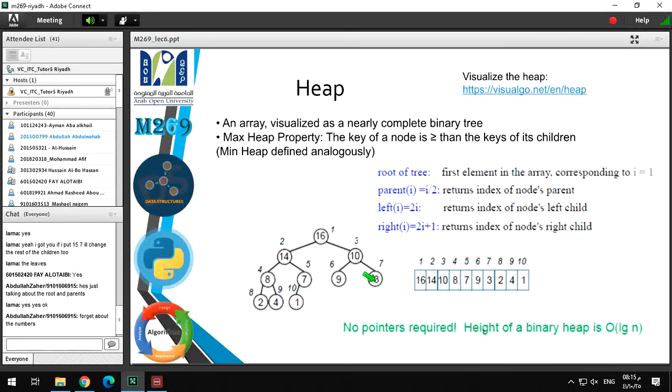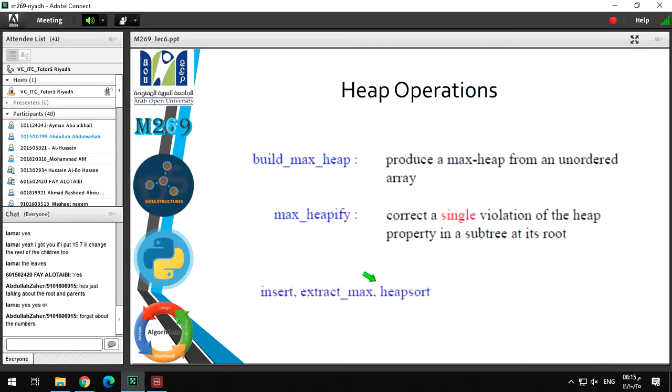But to fix this issue, we have something that we need to do, which is called max-heapify. This one is very important because it corrects a single violation of the heap property. So if there is a violation in one of the nodes, the function max-heapify will help us to resolve and correct this problem.